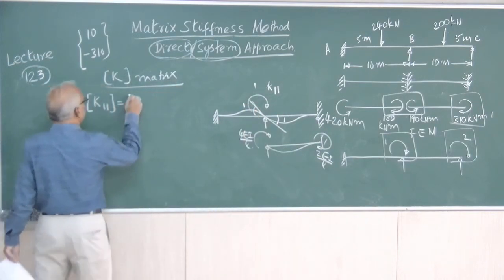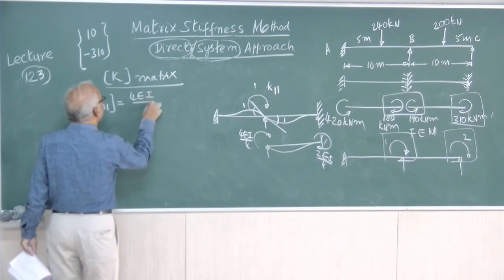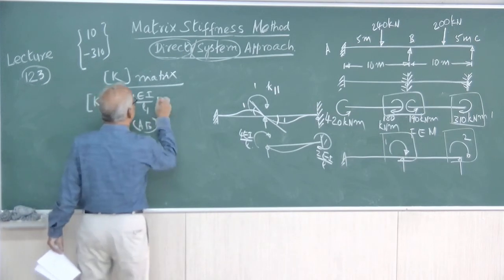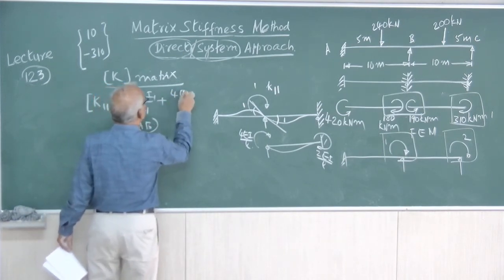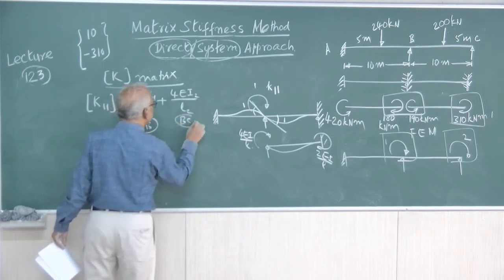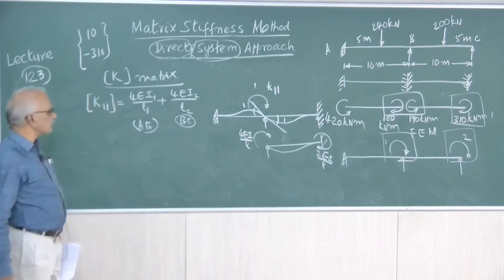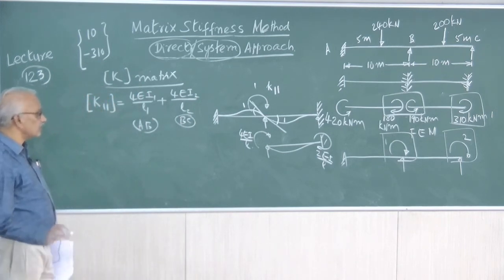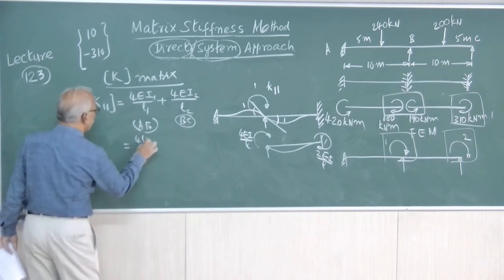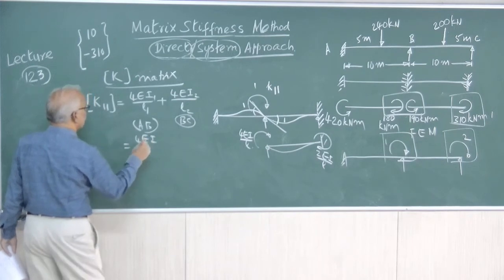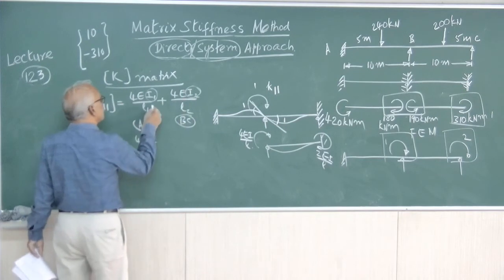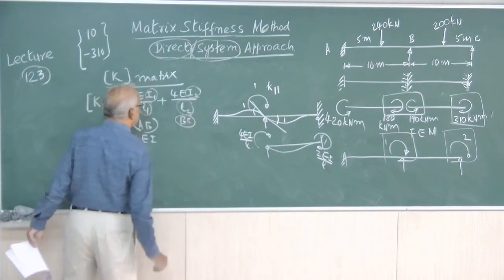So 4EI1 by L1 for AB plus 4EI2 by L2 for span BC, because rotation is there in AB as well as BC at the joint B only. So this is equal to 4EI itself. There is no change in the value of I. If I1 and I2 are different, we have to substitute. Similarly, if L1 and L2 are different, we have to substitute the appropriate value.